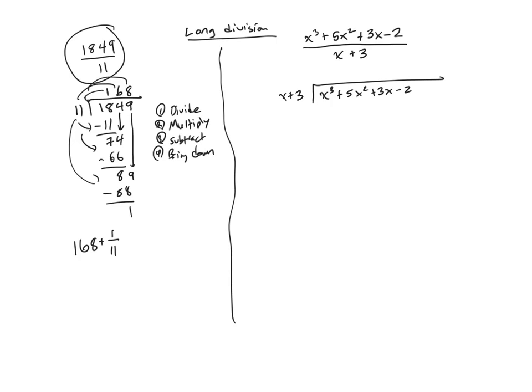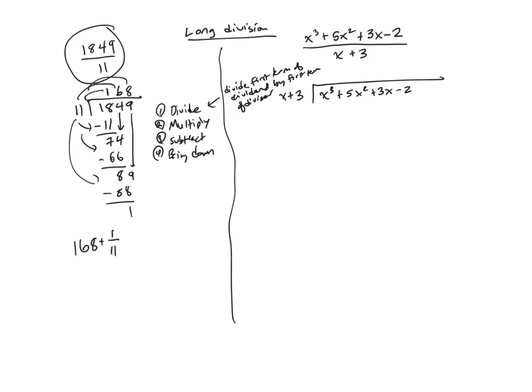The big difference with this is when we do the division, what you're going to be doing is dividing the first term of the dividend, that's the thing under the house, by the first term of the divisor.